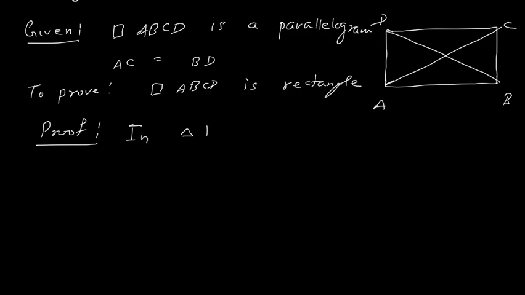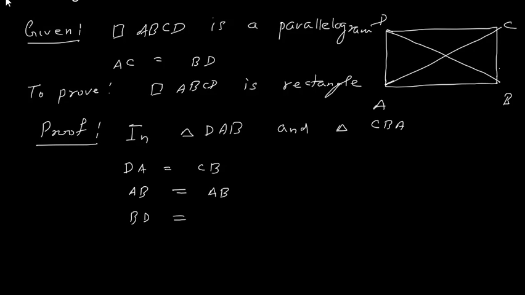triangle DAB and triangle CBA, I have DA equals CB. I have AB equal to AB, and I have AC, or here I will say BD. On the left hand side we have taken triangle DAB. So BD is equal to AC.